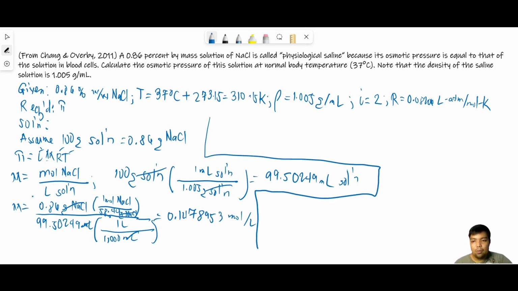Thus we can now solve for the osmotic pressure of your solution. So we already have now the molarity. All we need is to plug in our values.